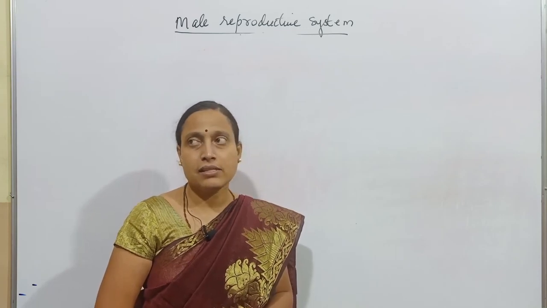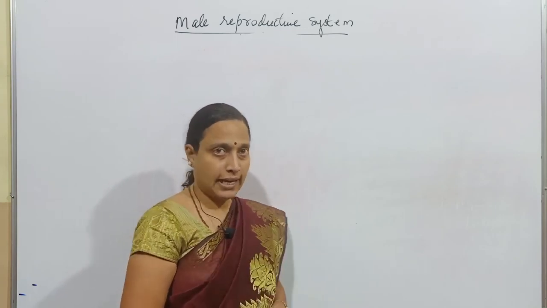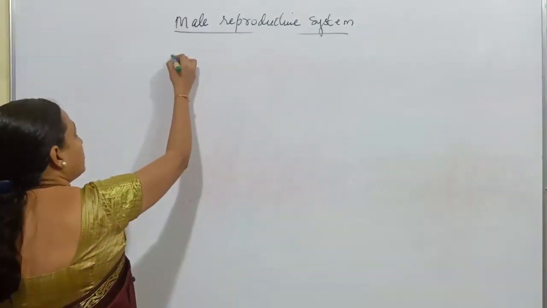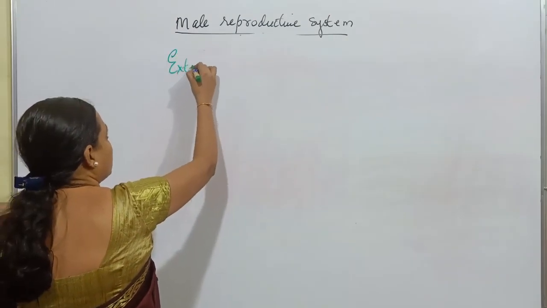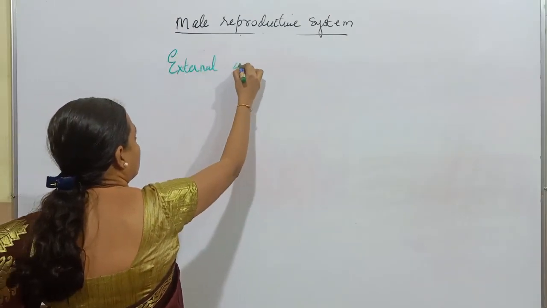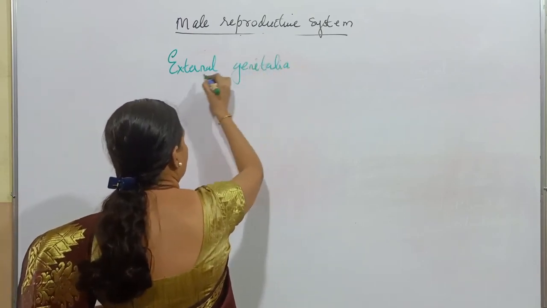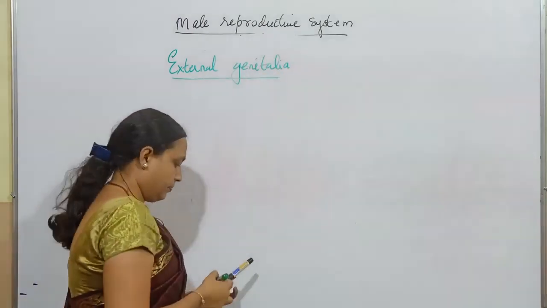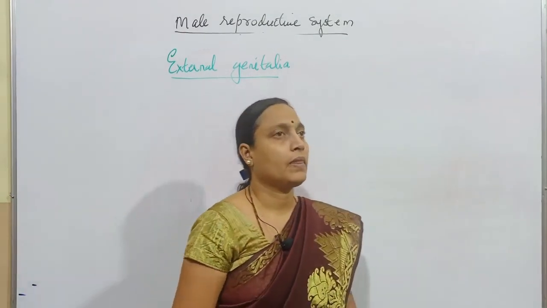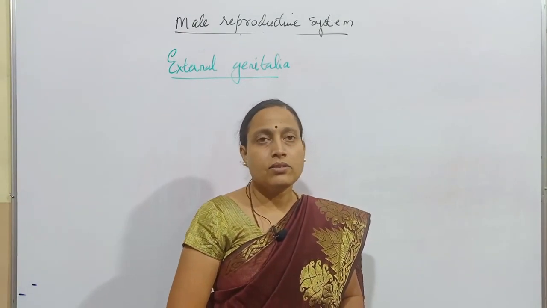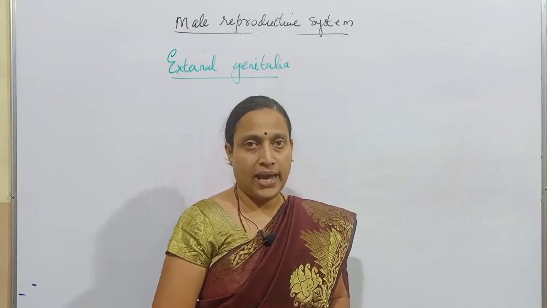The last is the external genitalia. What is the external genitalia in the male?